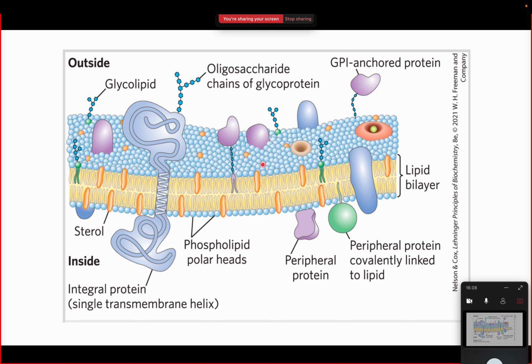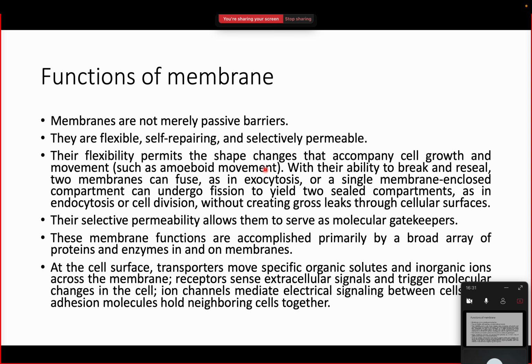So you can see that multiple phospholipid molecules are present, and they are closely packed. But can we see any direct linkage between them? Can we see any covalent interaction, like a CH bond or CO bond, something like this? No, right?